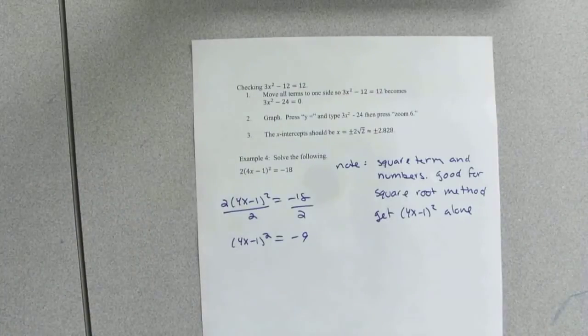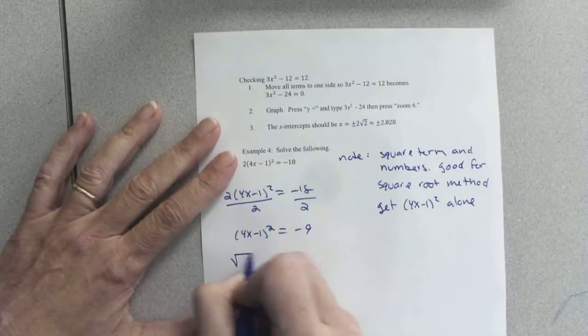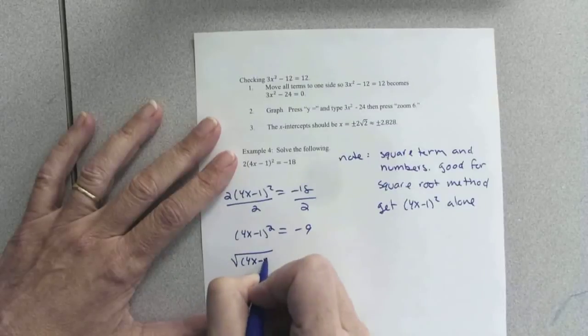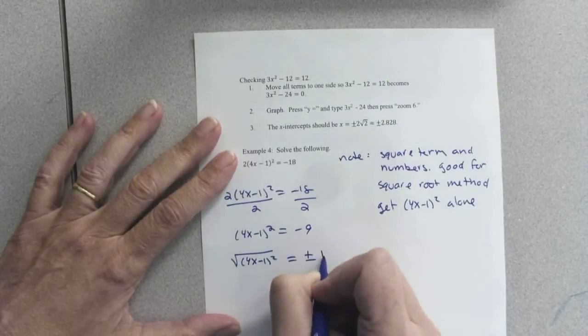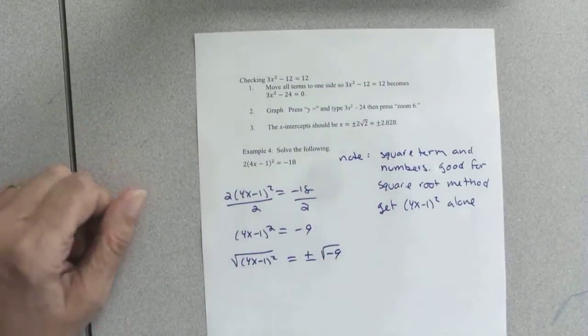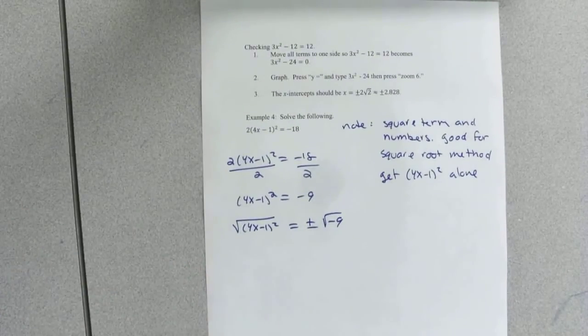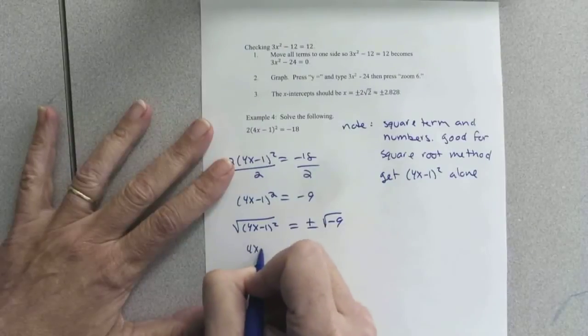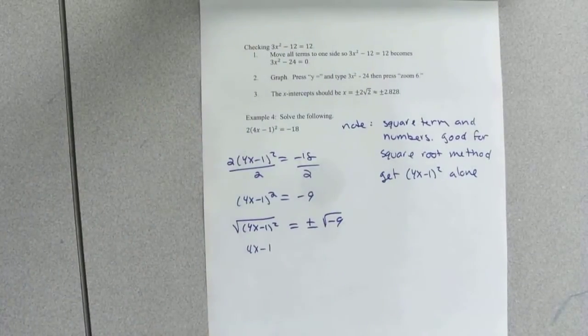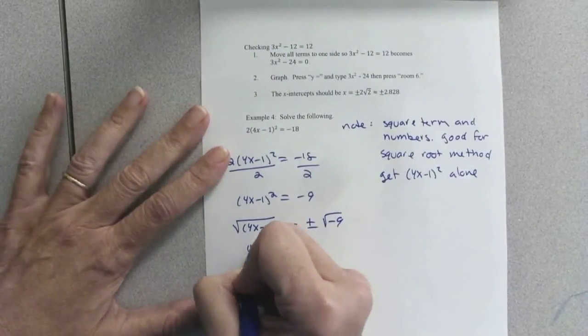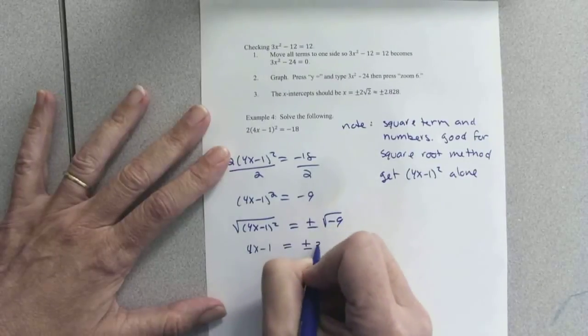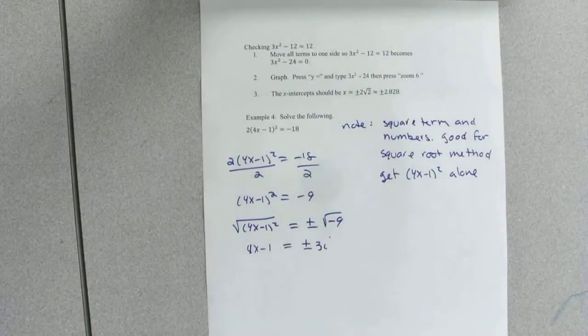And then once my square is alone, I can take the square root of both sides as long as I remember to include that plus or minus. You've got to include the plus or minus whenever you're solving equations and you take the square root of both sides. And the square root and the square cancel. So I get 4x minus 1 equals, and then simplify here, plus or minus 3i.